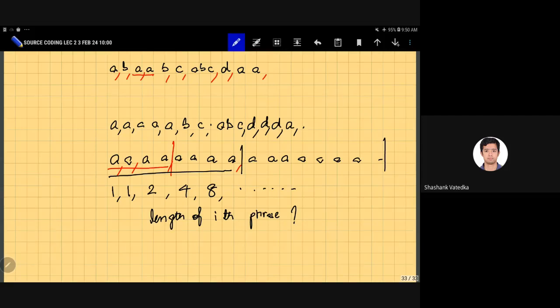Okay, and why is it 2 to the i minus 2? Or some people say 2 to the i plus 2, and so on. Can someone tell me why it is 2 to the i minus 2? Yes?